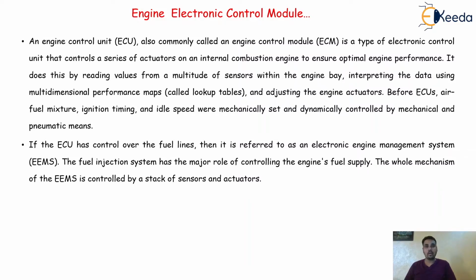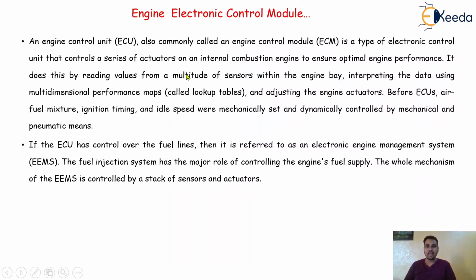It is also called an engine control unit, that is ECU. An engine control unit, commonly called an engine control module, ECM, is a type of electronic control unit that controls a series of actuators on an internal combustion engine to ensure optimal engine performance.